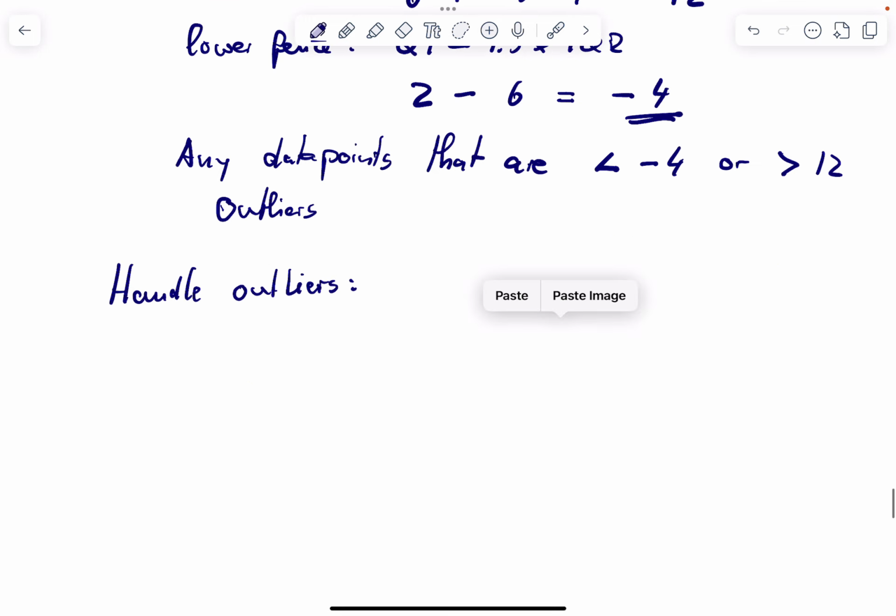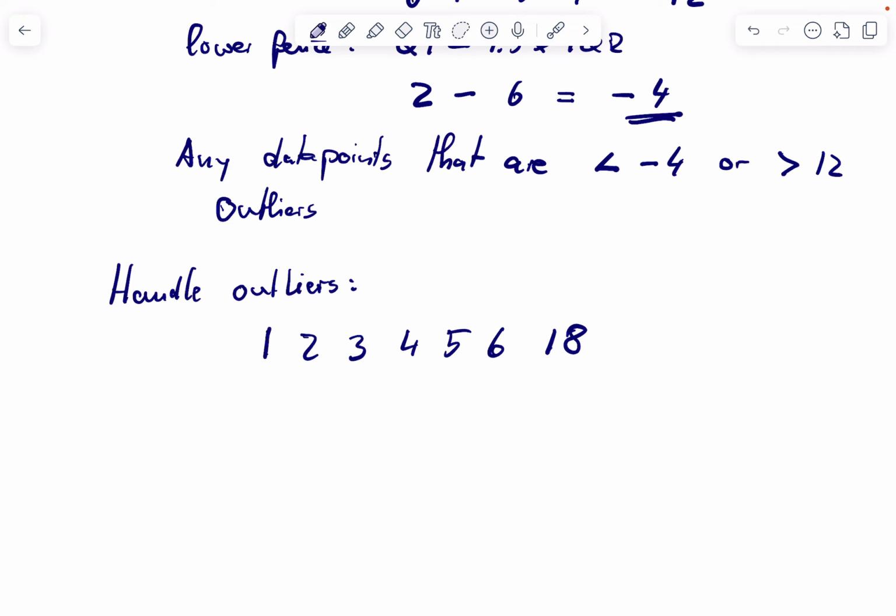Let's say we've got the data set 1, 2, 3, 4, 5, 6, 18. So in this data set, we very clearly see that we've got an outlier here, and that would be because it is larger than the upper fence. So our box plot would look like this.